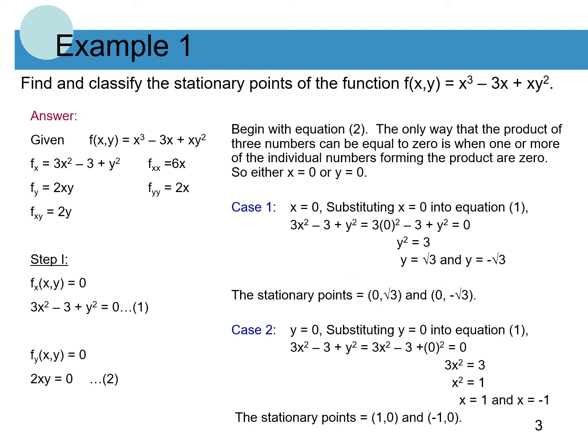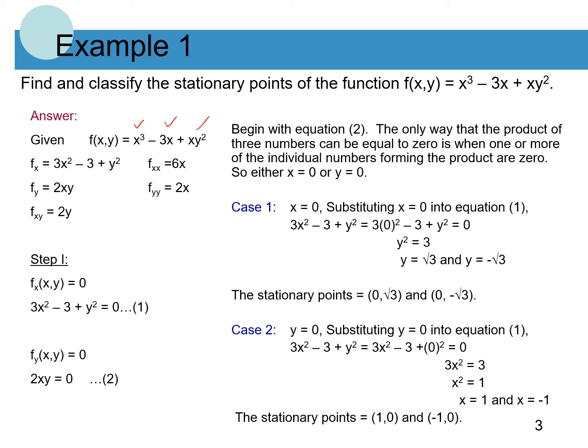For example, find and classify the stationary points of the function f(x, y) = x cubed minus 3x plus xy squared. In this case, we have to take the first derivative with respect to x and the first derivative with respect to y. Differentiating with respect to x, we derive x cubed, 3x, then xy squared.